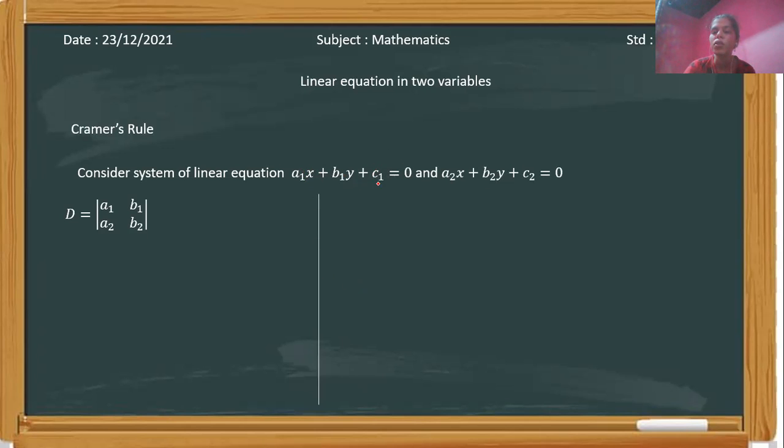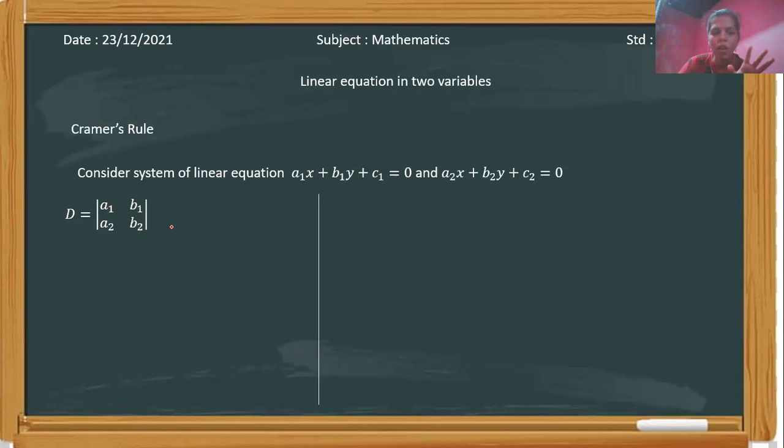We are not going to consider the constants C1 and C2 in our first step. Our first step will be finding the determinant of the coefficients of x and y, which are A1, B1, A2, B2. So we'll write it as A1, B1 and A2, B2. This is our determinant, D.